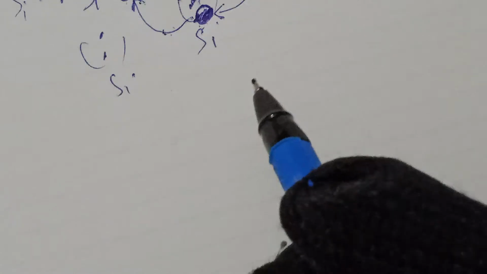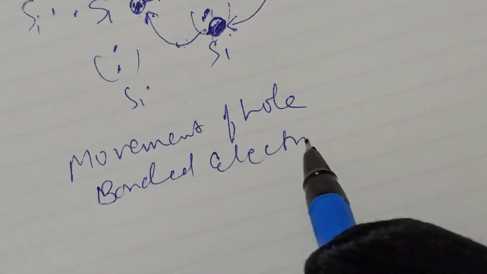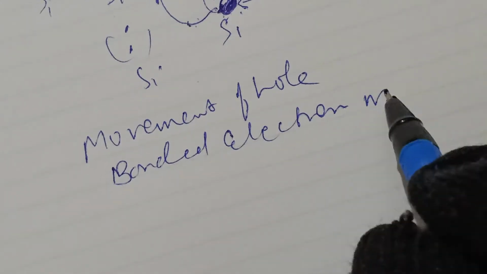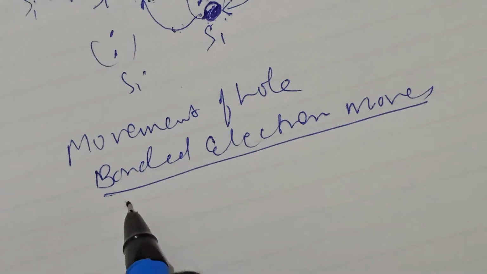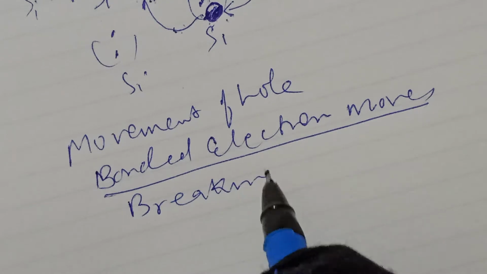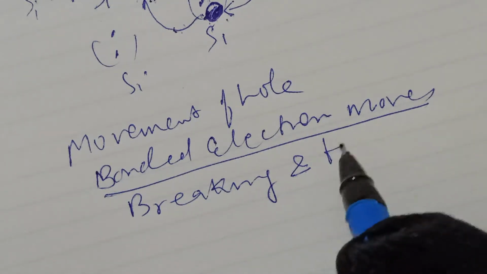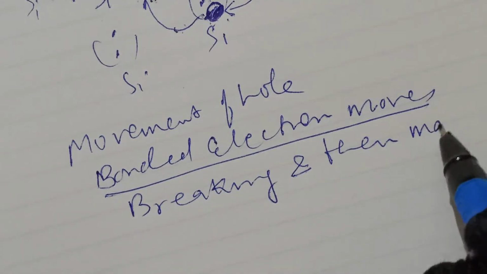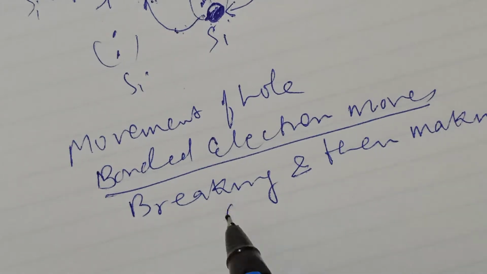So in the movement of a hole, a bonded electron moves, and in that movement bonded electrons follow breaking and then making of bond.